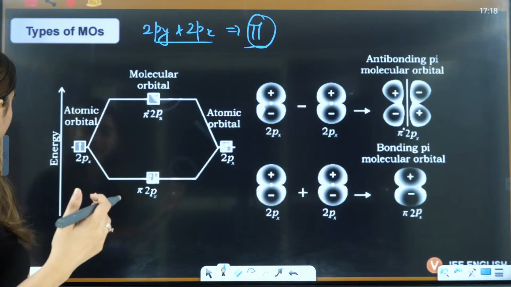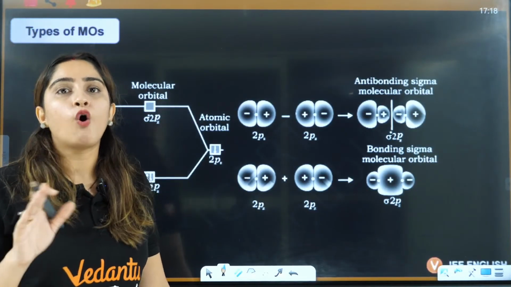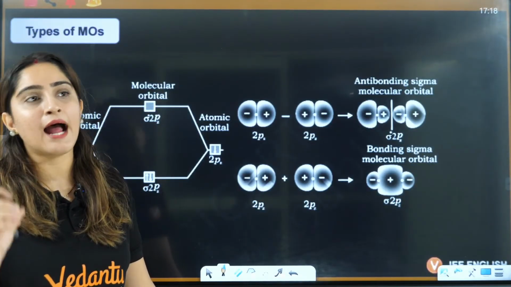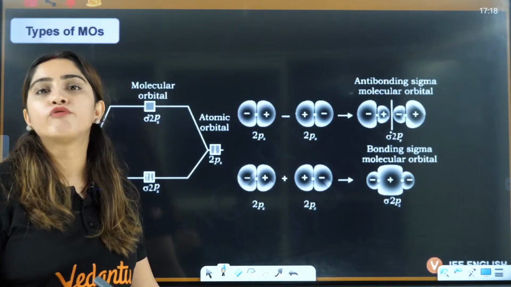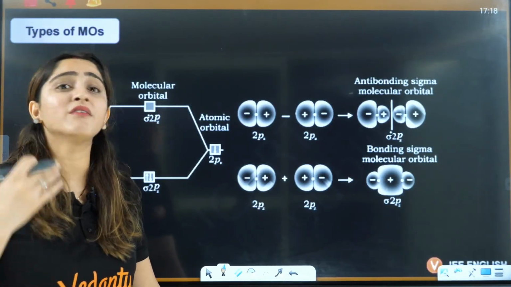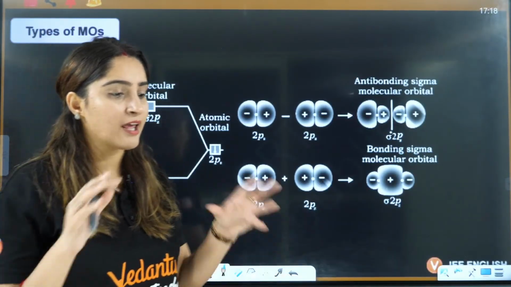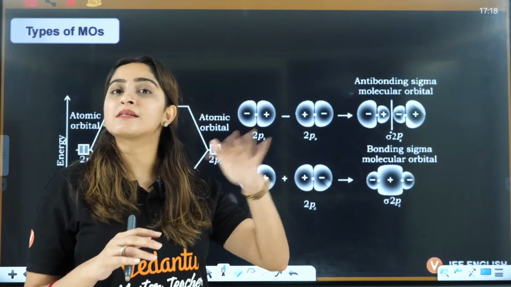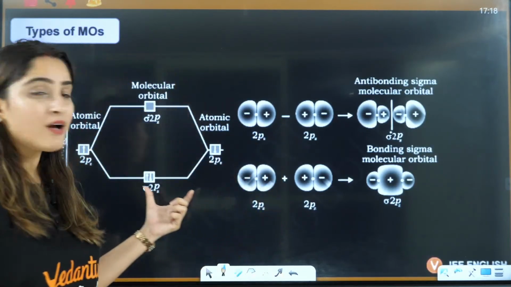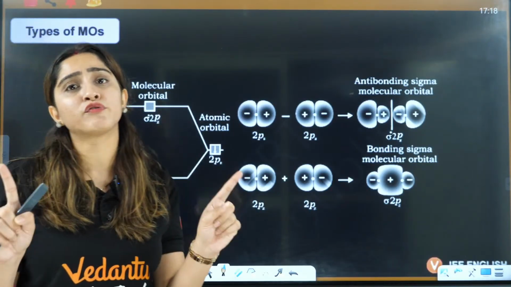Now, how is it taken? It is taken that everything is going along the internuclear axis z. So by convention 2pz is going to form sigma. They could have said 2py forms sigma, but if I am thinking that these are along the z internuclear axis, then 2pz will form sigma and the rest of the two will form pi.